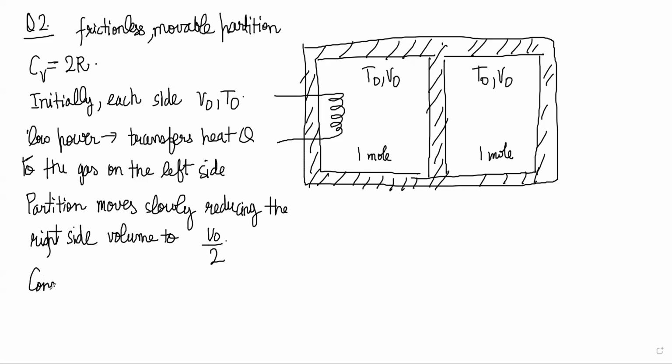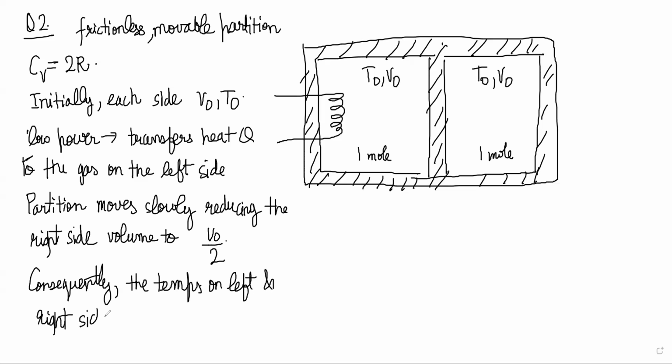Consequently, the temperatures on the left and right side become TL and TR respectively. Ignore the changes in temperature of the cylinder, heater, and partition.